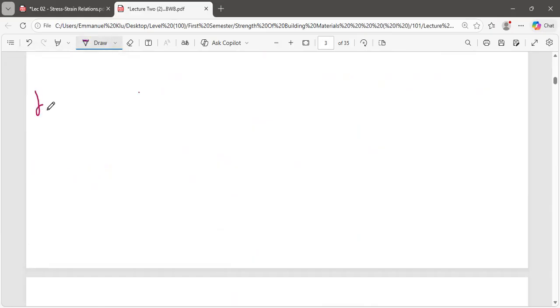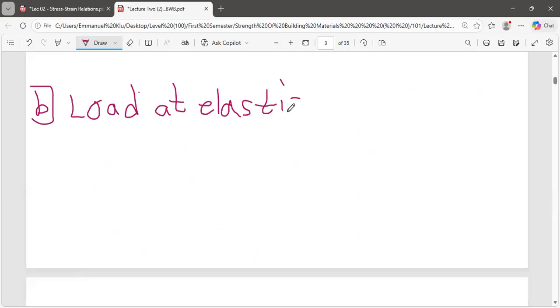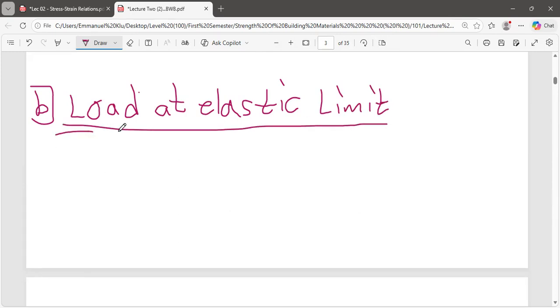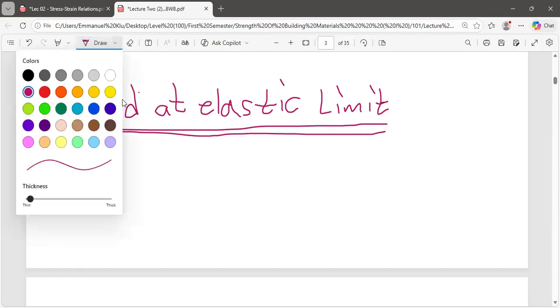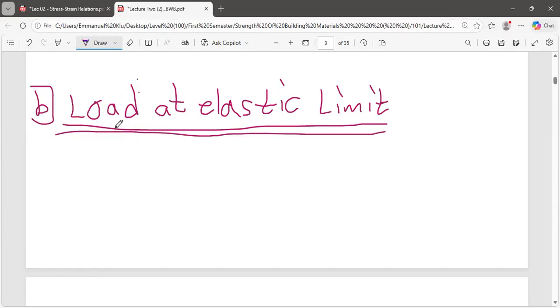So this is our B, and this is the load at elastic limit. We are rather supposed to calculate the stress at elastic limit.